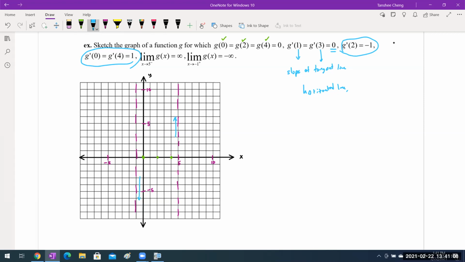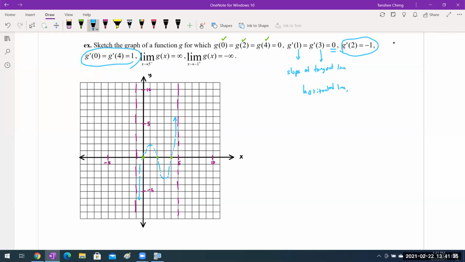So from this behavior around the vertical asymptotes, and knowing the zeros of the function, I can now clearly see that my graph will be like this. Peak, go back down, we'll get some peak, and then go back up.